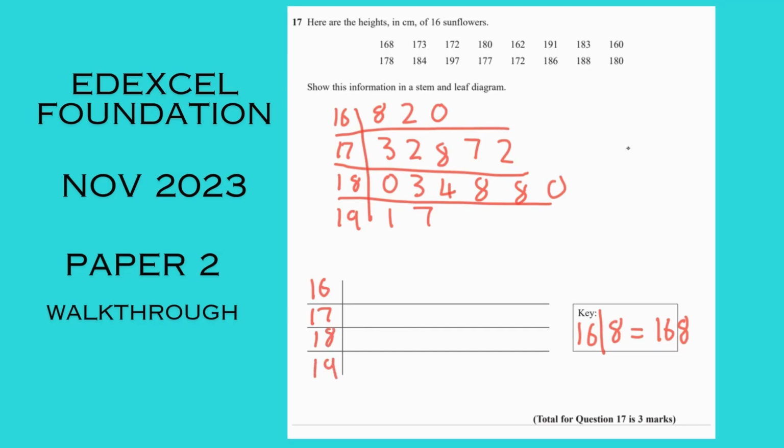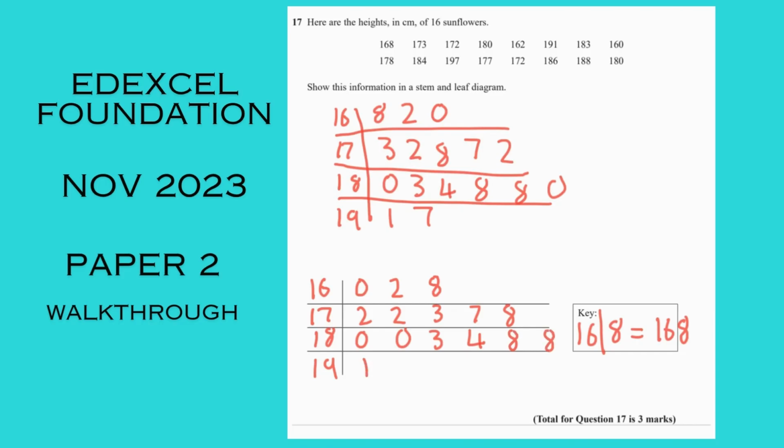And now we reorder each line. Firstly, with the lowest nearest the spine, and as you move down the lines, make sure you allocate the same amount of space. So 17 is going to go 2, 2, 3, 7, 8. 0, 0, 3, 4. 8, 8 on the end.